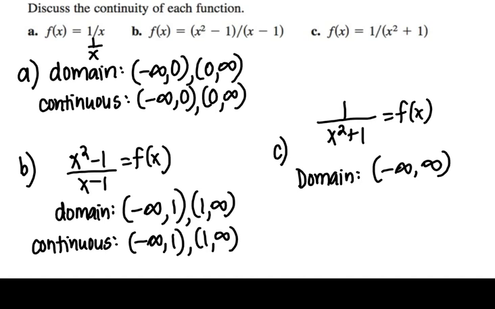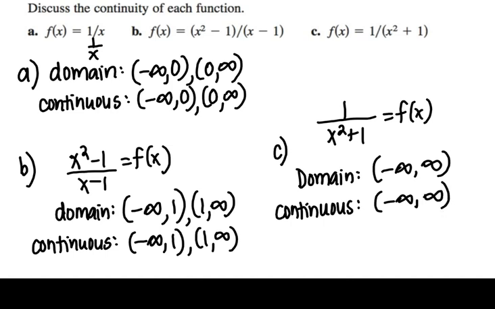Anything times itself is going to be a positive number other than 0. And even 0 plus 1 is positive, which means you'll never get a result of 0 in the denominator. So the domain is negative infinity to positive infinity, and it would be continuous from negative infinity to positive infinity.